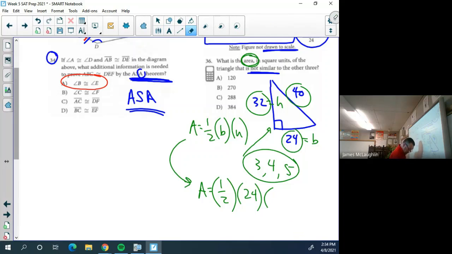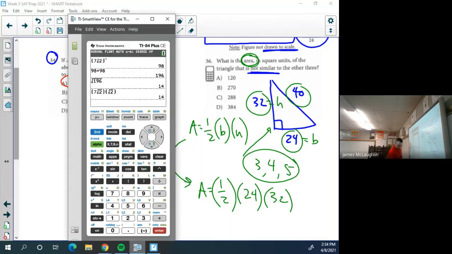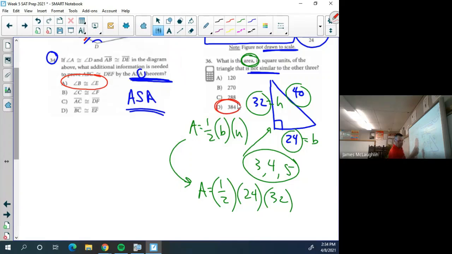What is the area of the non-similar triangle? Pull out your calculator on that one. Of course, you guys all know 1/2 is 0.5 times the 24 times the 32. 384. Answer got to be D there.